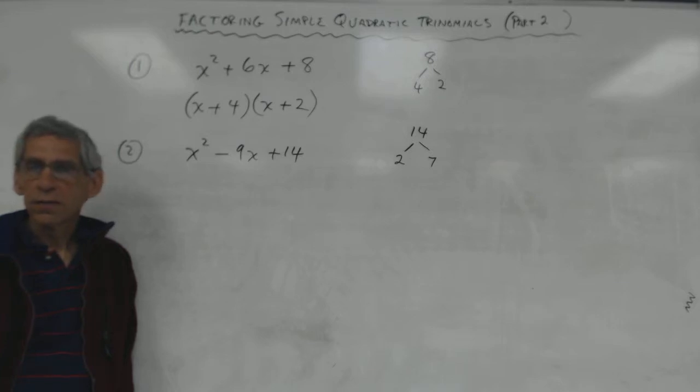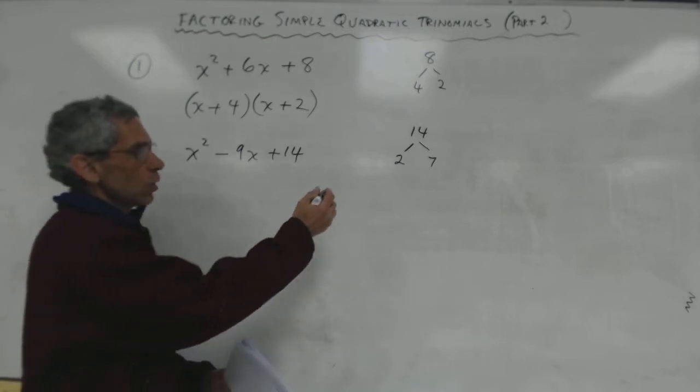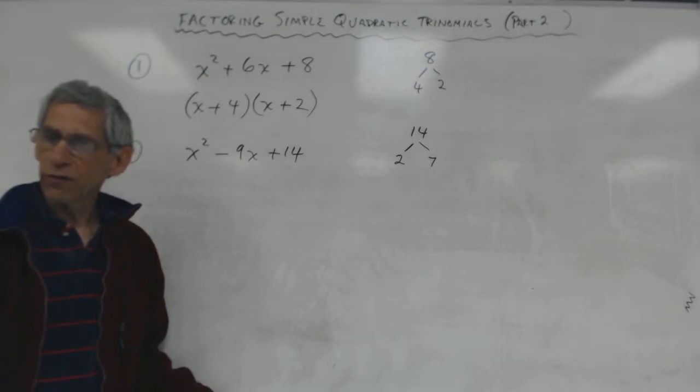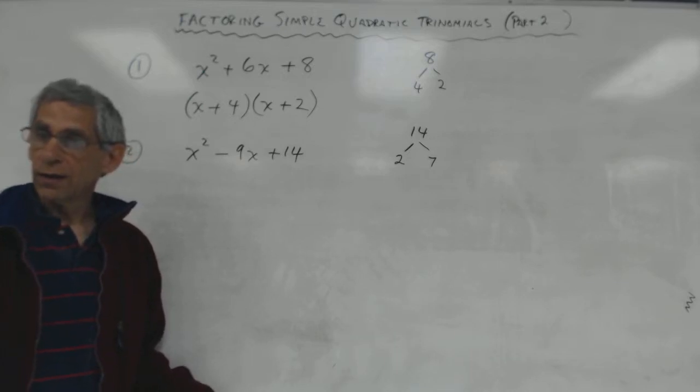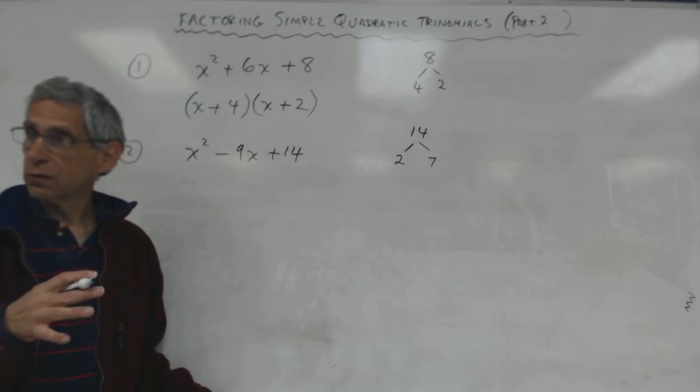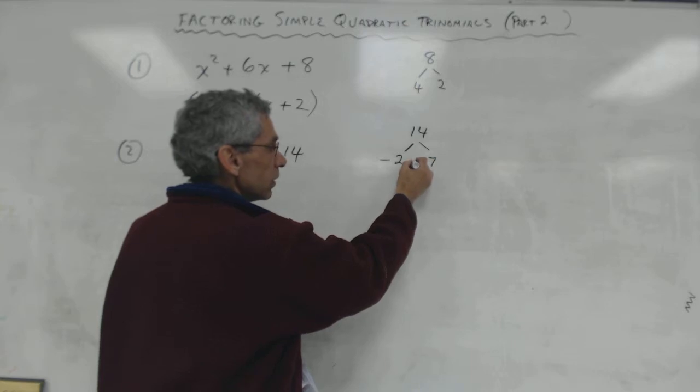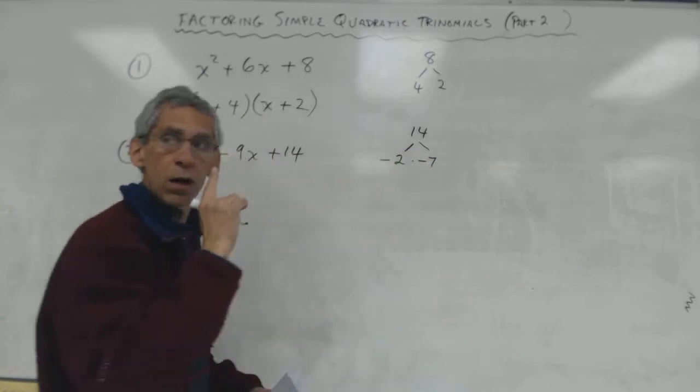What about x minus 2 and x minus 7? You're saying that if both of the factors are negative, then the product is positive. Yeah. Negative 2 times negative 7 is positive 14.